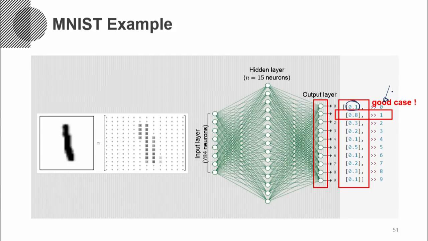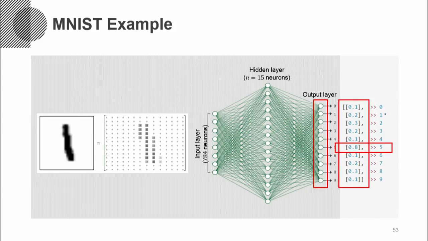So if we look at its correct digit label of 1, we can consider the model output of 0.8 as having an 80% probability of being the class 1. And so this is a relatively high probability, so this can be considered a good output.